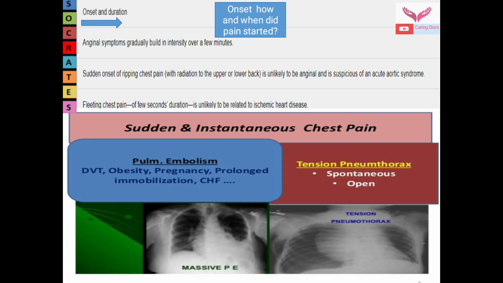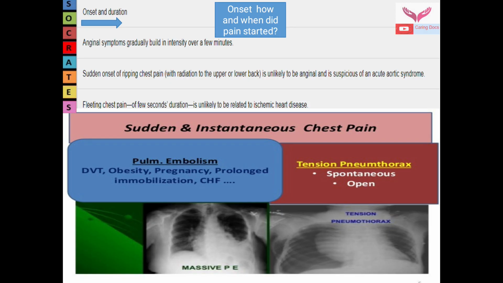If there is sudden onset of ripping chest pain with radiation to the upper or lower back, it is unlikely to be anginal and we should suspect acute aortic syndrome or acute aortic dissection. If the patient has chest pain of a few seconds duration, it is unlikely to be related to ischemic heart disease.